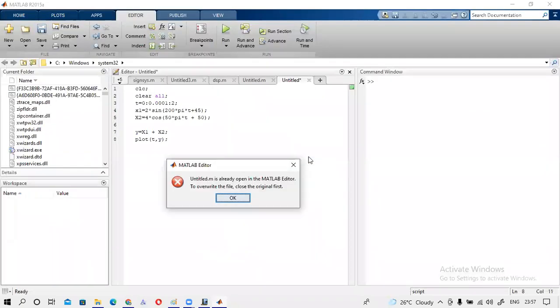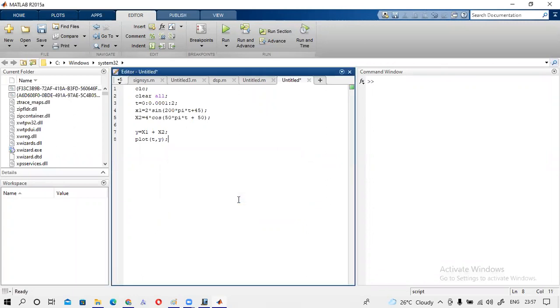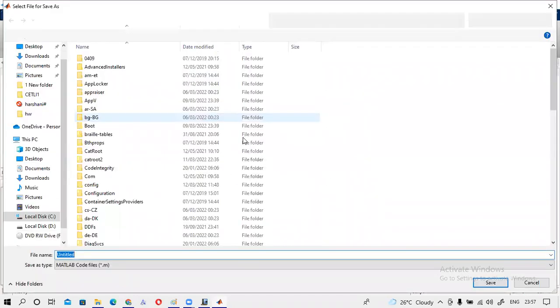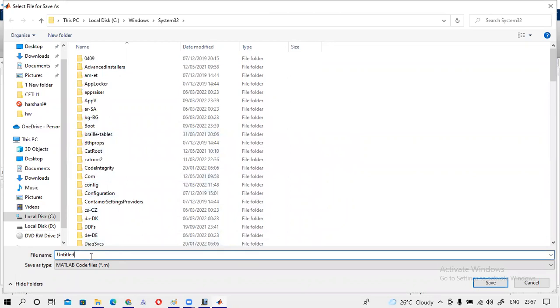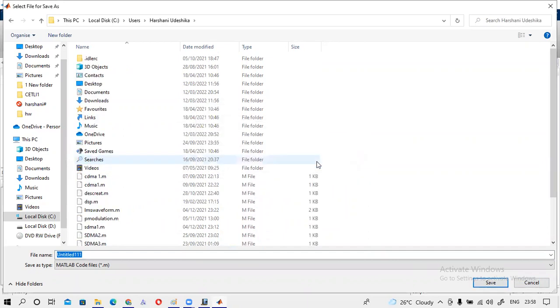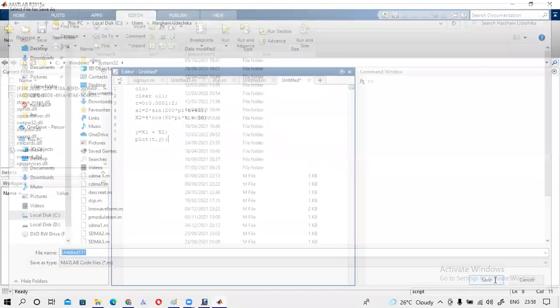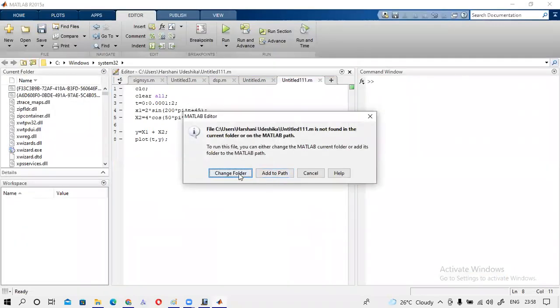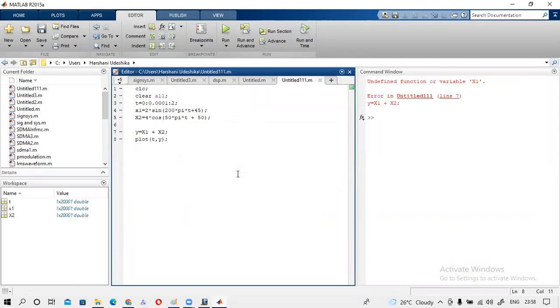Save. Okay, so if I plot this, what is this?